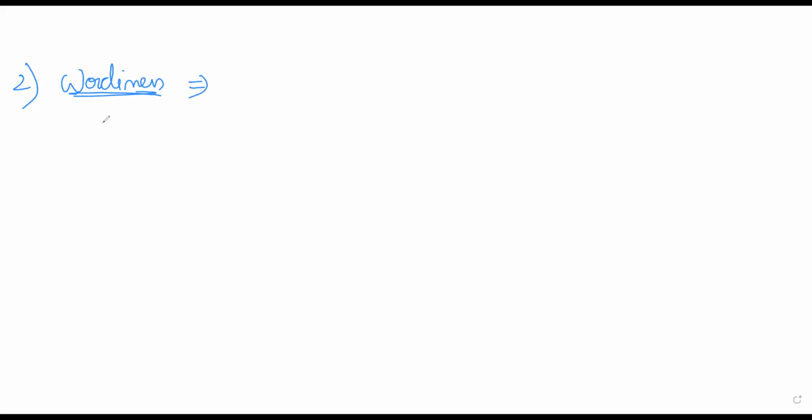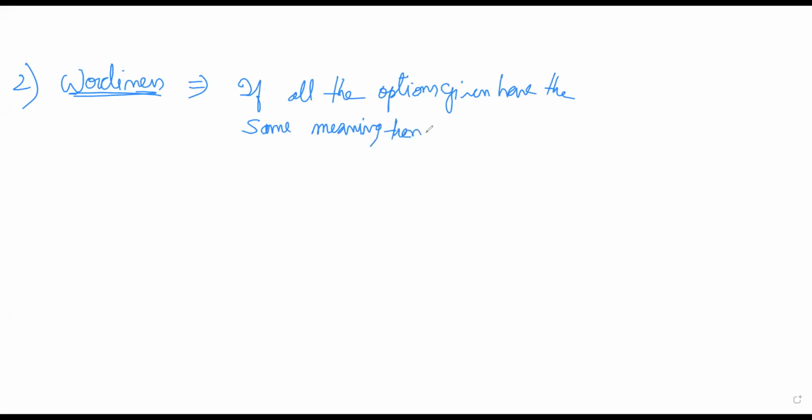it's a very simple trick. The actual name of the topic, shorter is better, is because of this particular trick. This trick says, if all the options given have the same meaning, then the shortest amongst them is your answer.